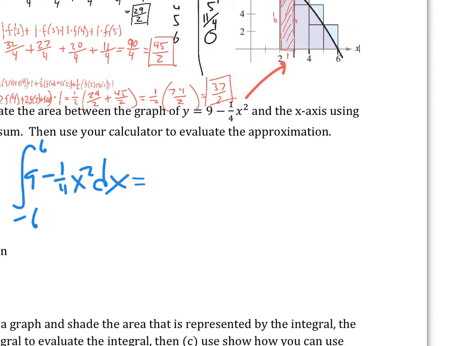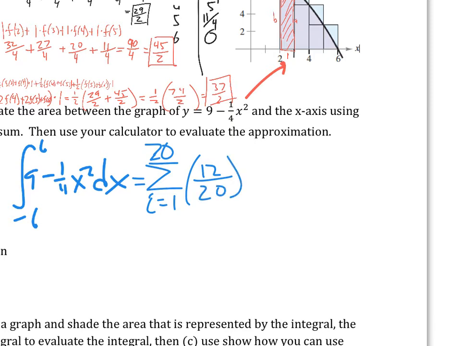Okay, using the formal definition. I'm sorry, let's see. This says using 20 rectangles. Not using the formal definition yet, but using 20 rectangles. So we have the sum from i equals 1 to 20. And then we're finding rectangles. So the width of this is 12, because from negative 6 to 6 is 12, divided by 20.